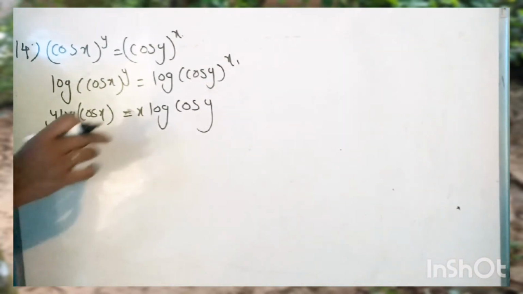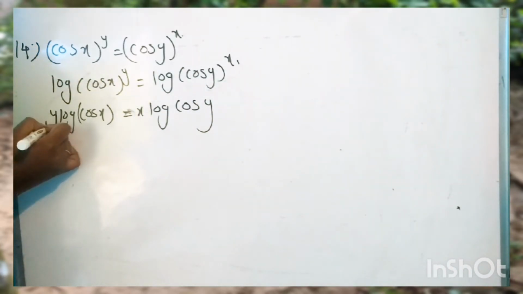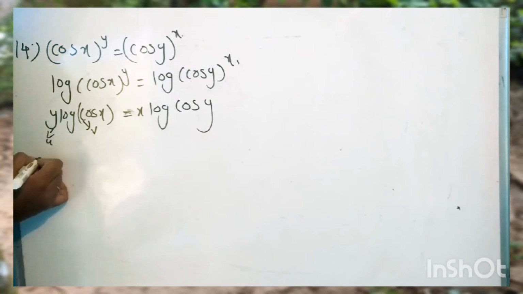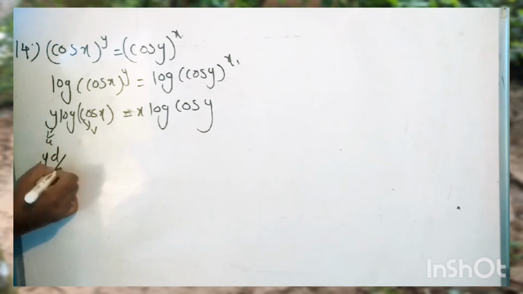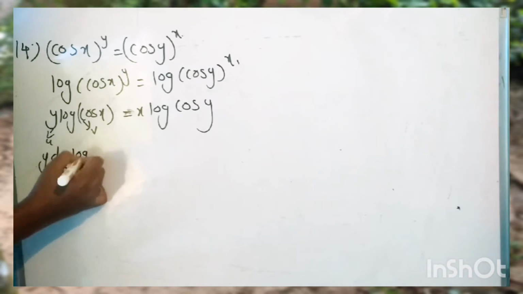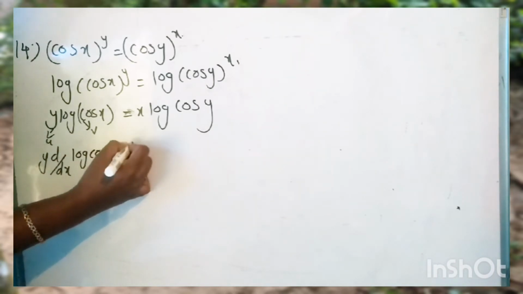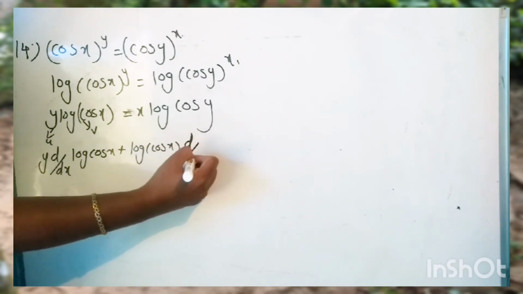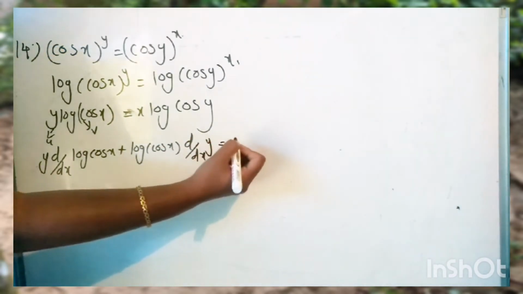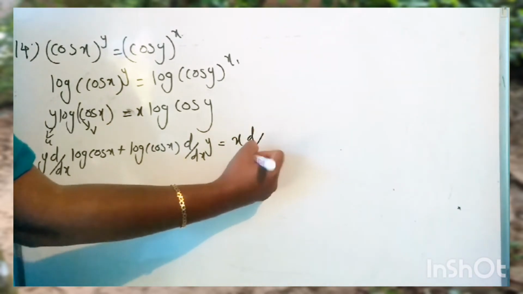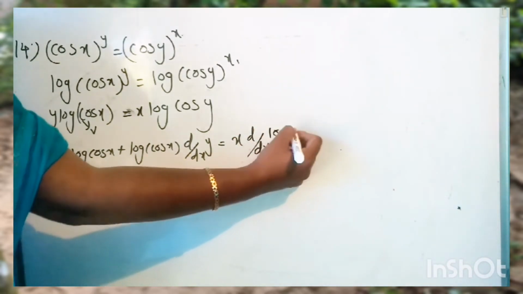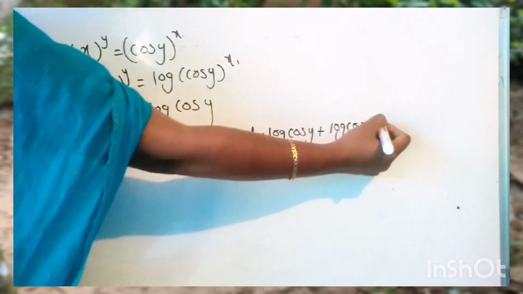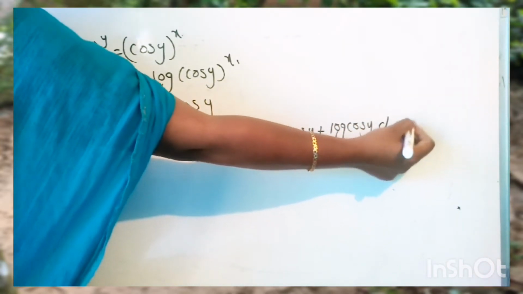Now take the derivative on both sides with respect to x. So we will take u is equal to y and v is equal to log cos x. Then y into dy dx of log cos x plus log cos x into dy dx of y is equal to x into dy dx of log cos y plus log cos y into dy dx of x.